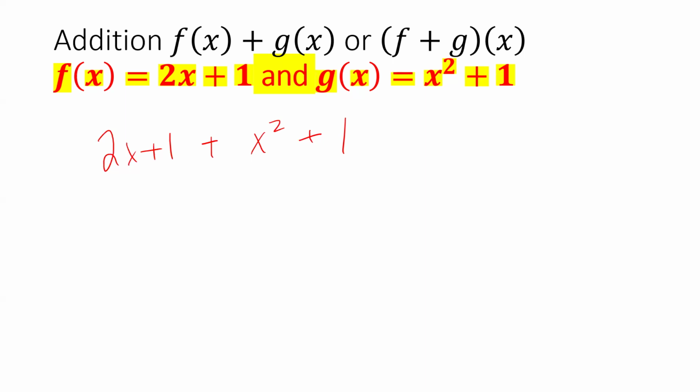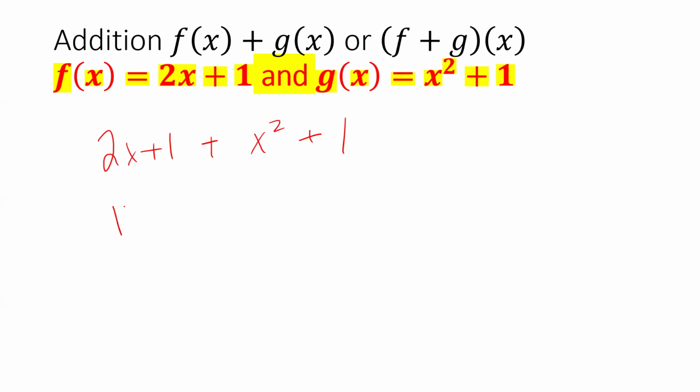All right. So at this point, when you are adding with variables, all you're doing is writing it in order of decreasing power for the variable, and combining like terms, right? So what is our largest power? x squared.